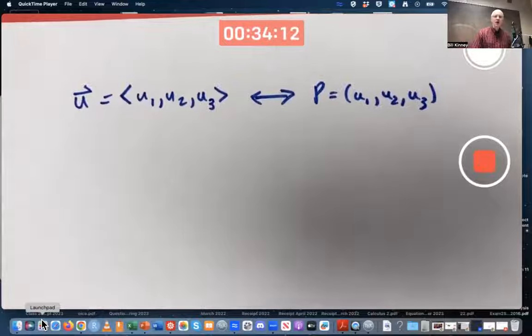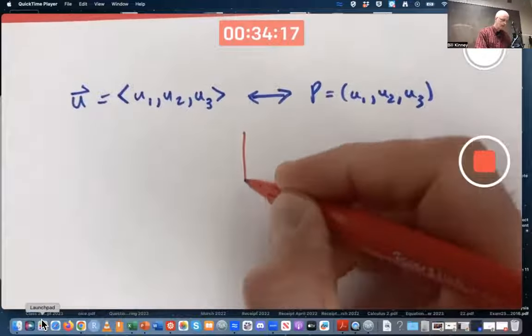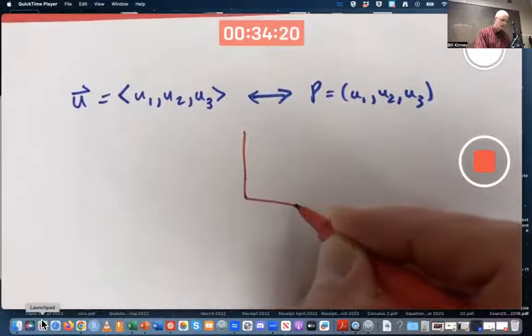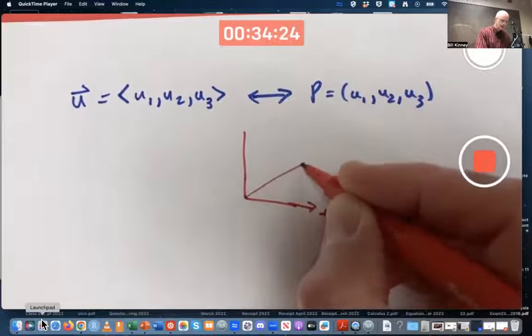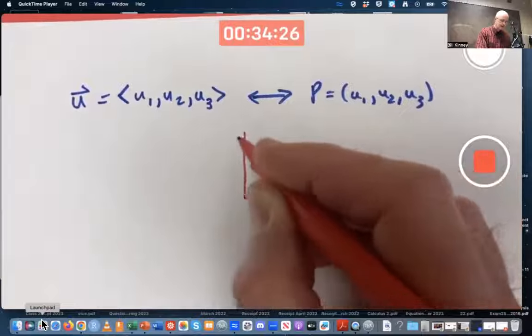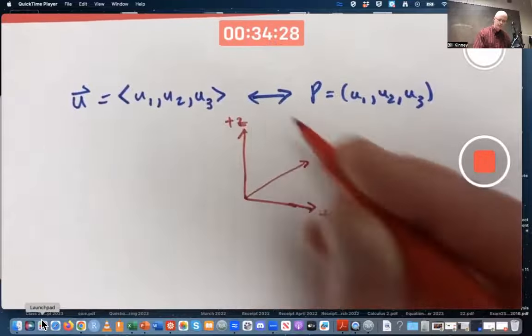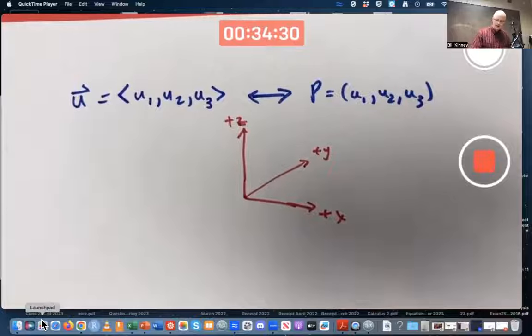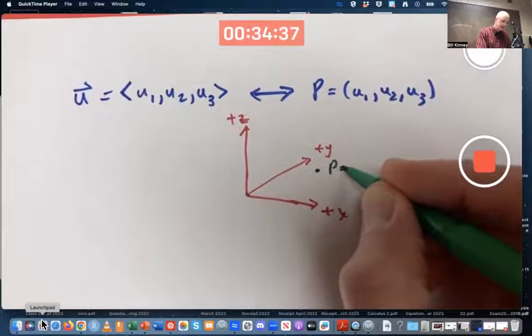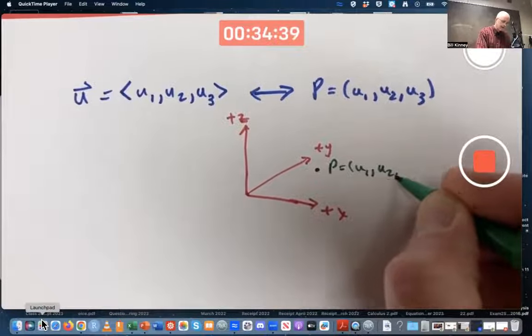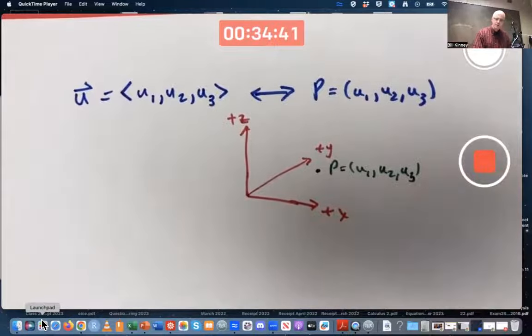And what's one way to draw the vector as an arrow? Let me draw the positive x-axis this way, positive y-axis going in here, and positive z-axis going here. If the point with coordinates U1, U2, and U3 happens to be right there, if this is P, and pretend it's kind of behind the paper, so pretend U1, U2, and U3 are all positive.